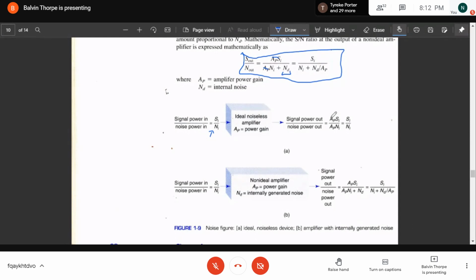And of course, the gains are the same, so the gain will cancel. So it means that if this is an ideal system, then the signal to noise ratio of the input will be the signal to noise ratio of the output.